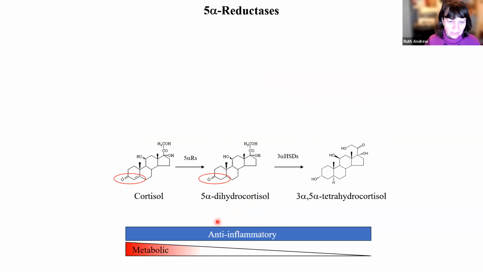So before I skip back a step, this was our glucocorticoids getting converted through to the 5-alpha glucocorticoid here. We did spend quite a considerable amount of time, still do, looking at the activity of this 5-alpha glucocorticoid, and we find that it is not a metabolic glucocorticoid, so it's not causing metabolic damage, but it still retains the anti-inflammatory properties of the parent steroid.